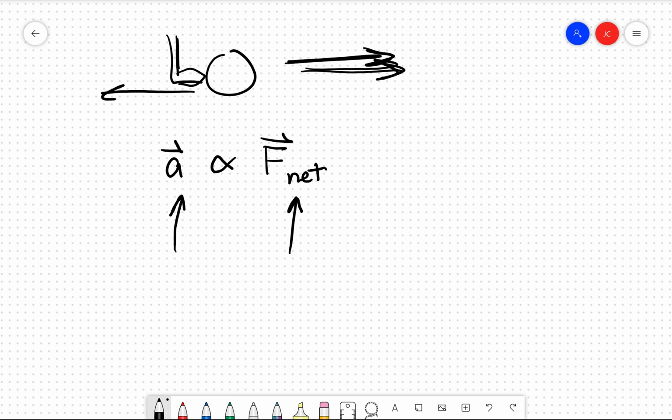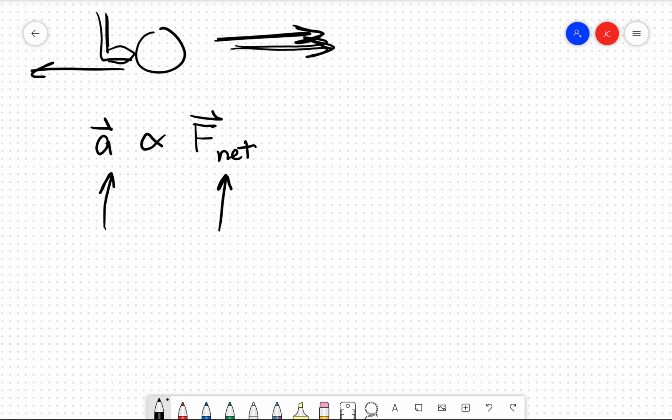The last part of this law is saying that the magnitude of the acceleration is inversely proportional to the mass of the object. So if we have the mass of the object, that is inversely proportional to the magnitude of the acceleration, or to put it the opposite way, again, because these things go both ways, acceleration is inversely proportional to the mass of the object.